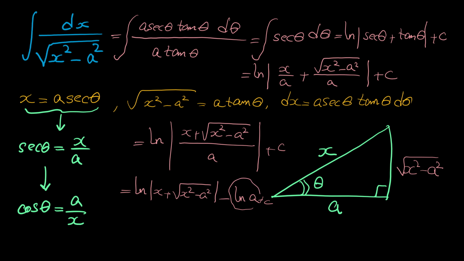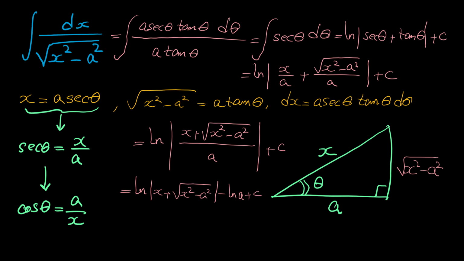The reason that for a we don't need absolute value is because we suppose in this process a to be positive. So we have minus ln of a, or if you want you can put absolute value for a, but it's not really necessary.